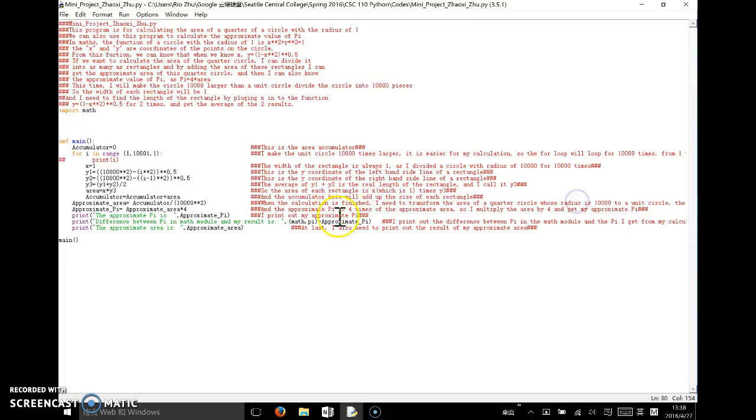But in my circle, as the radius is 10,000 and I divide it 10,000 times, the width of each rectangle will always be 1, right? And as I need to calculate the area of a rectangle, I also need the length of the rectangle. So I need y1 and y2.